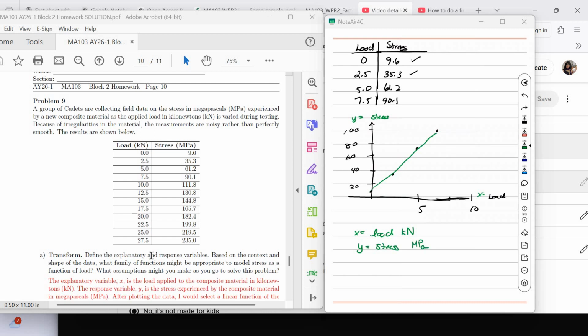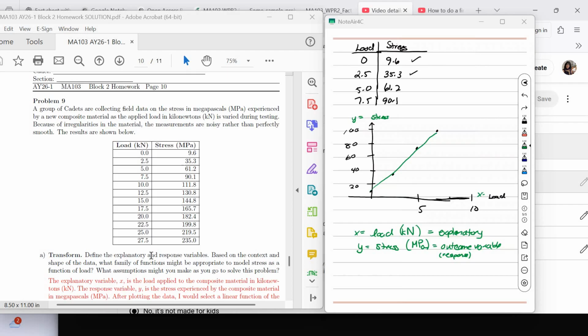And this is my explanatory variable because it explains, and this is my outcome variable or response. I should say response.